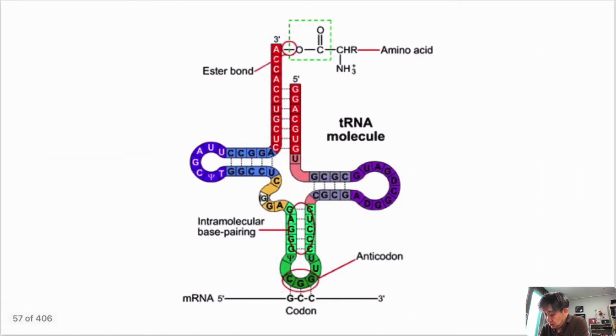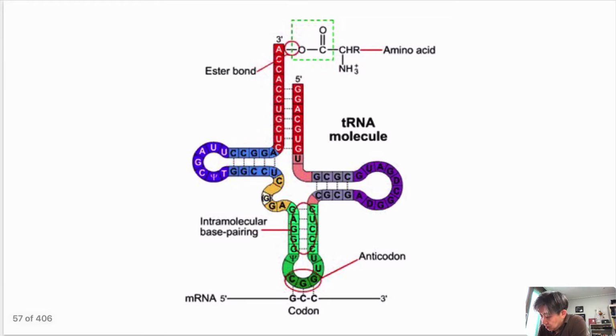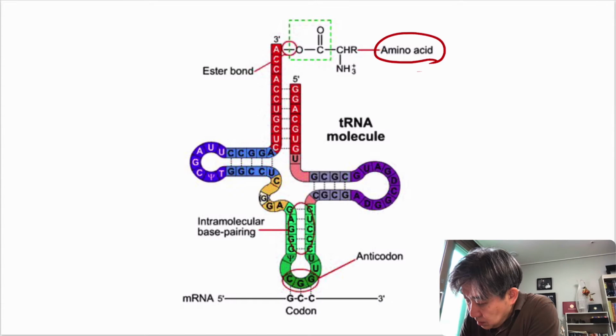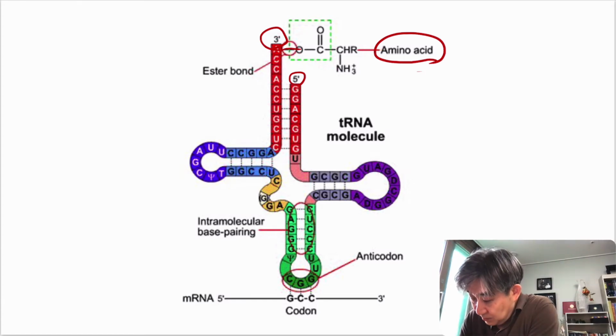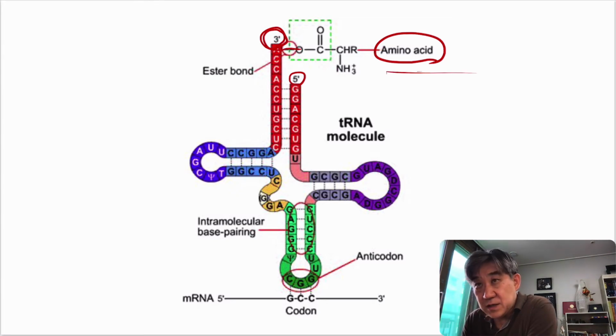This is the structure of a typical transfer RNA, and here is the 3' end of this RNA. You know what the 3' and the 5' end are, right? The 5' end is the first nucleotide of this whole polymer of nucleic acid as an RNA strand, and the last part is the 3' end, where different amino acids can be attached.